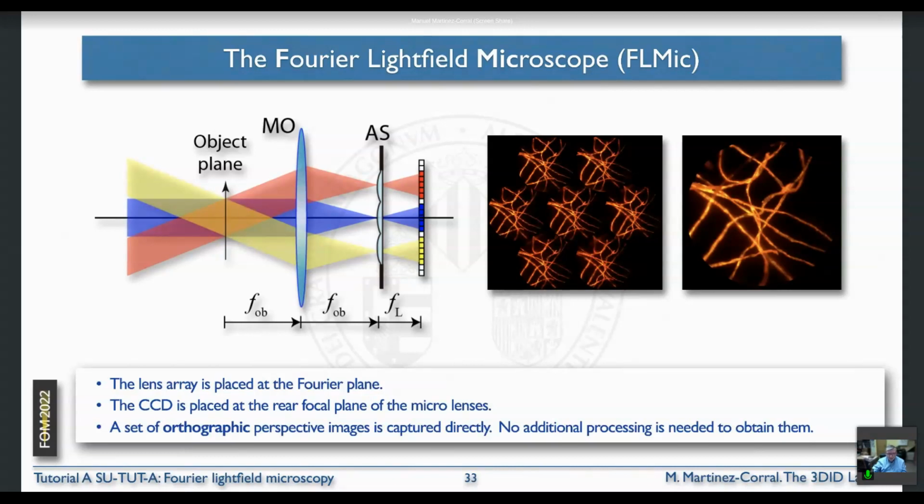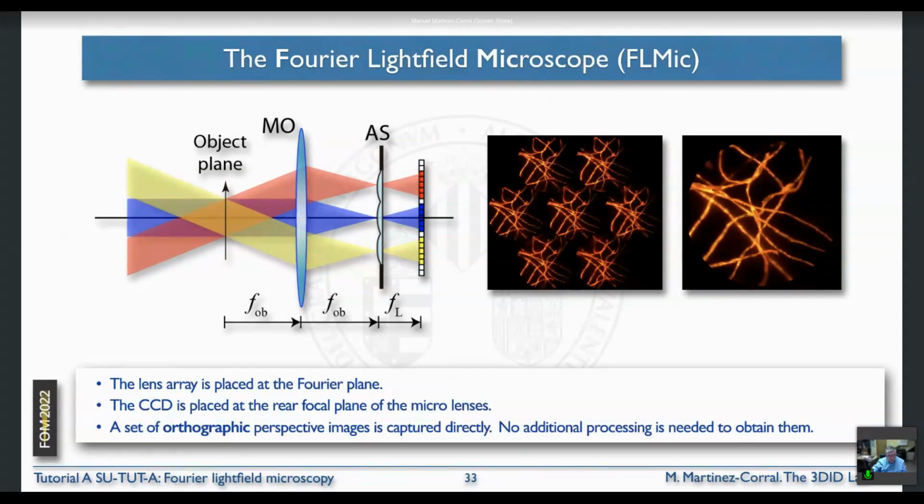And we can see that, within the depth of field of the instrument, all the planes that are behind or in front of the reference object plane are imaged here with the same magnification.